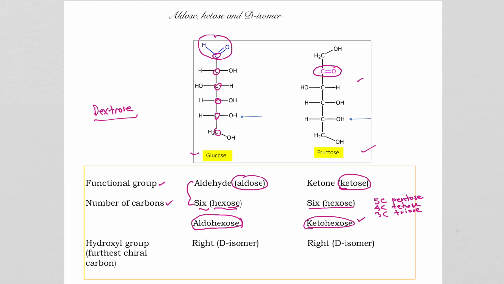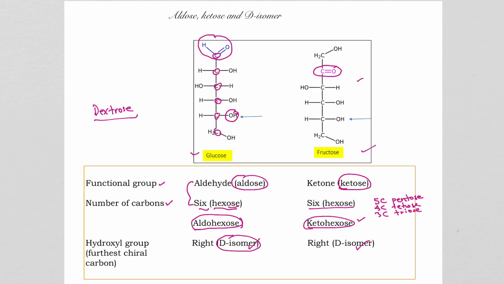The carbohydrates we find in our body are certain isomers, and the enzymes that carry out the metabolism for these chemicals in our body can actually recognize the isomers. In this case, the D isomer is the carbohydrate that we see most often in our body. Here the hydroxyl group is drawn on the right-hand side.